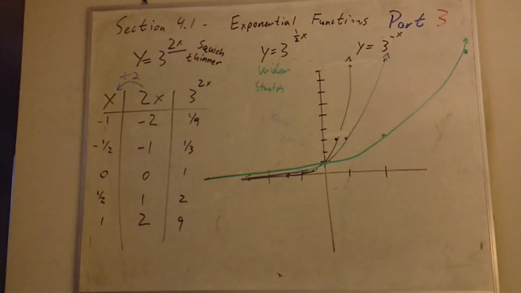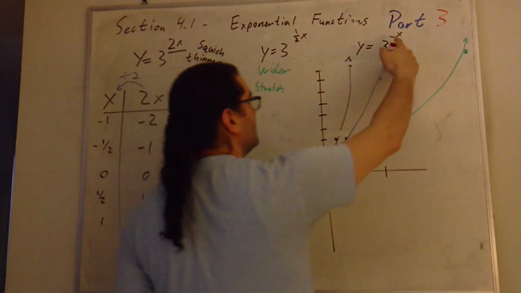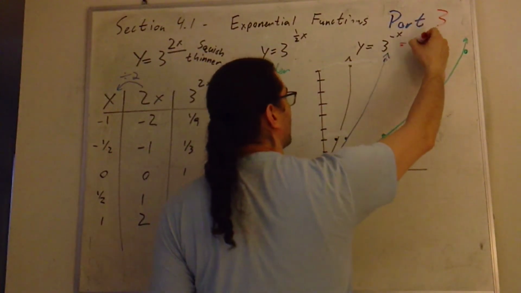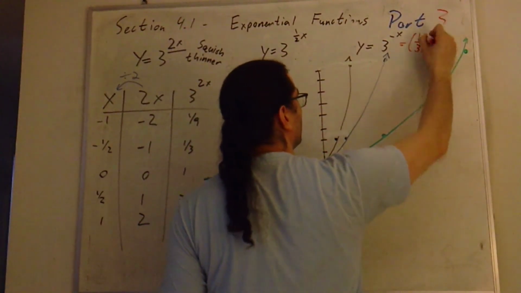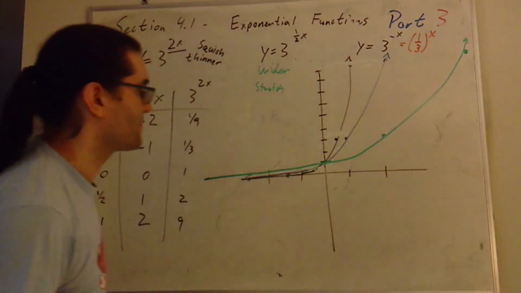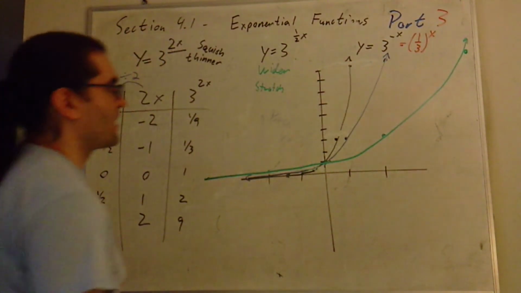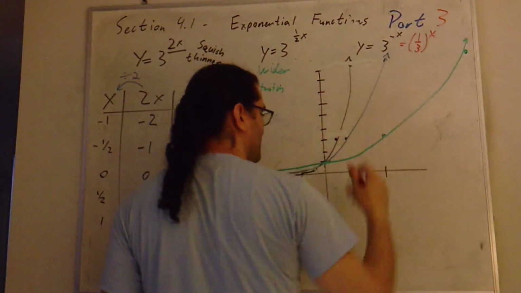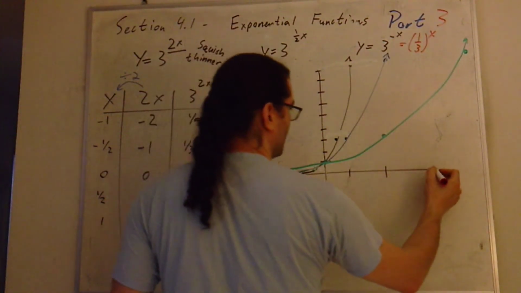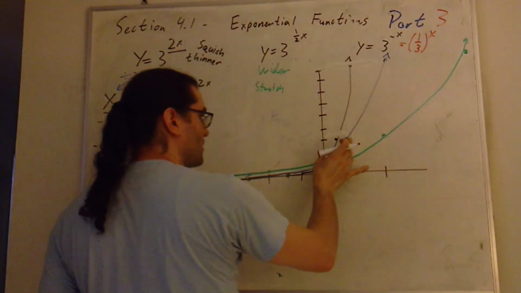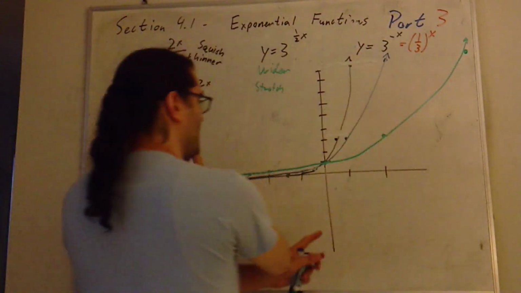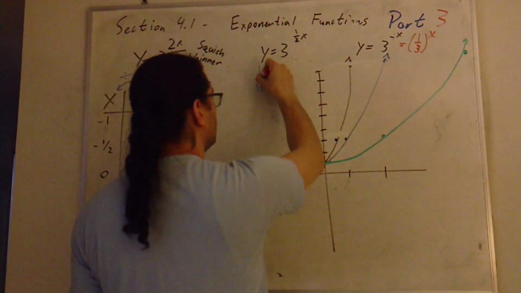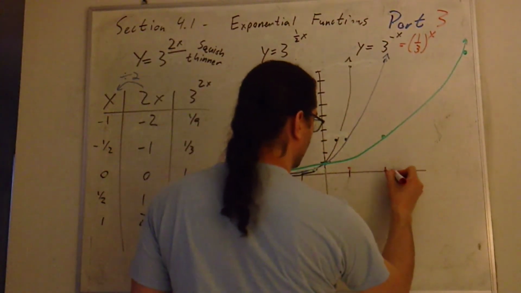Grab red for this last one. This one, interestingly, is the same as 3 to the -1, which is 1/3 to the x. So whole numbers with negative exponents is the same as fractions with positive exponents, and that is going to be the flip. Whatever the x values were to get these values, we're just going to make them all negative. So you'll hit your 3 at -1, and your 9 at -2, and here you'll get your 1/3, and there your 1/9.